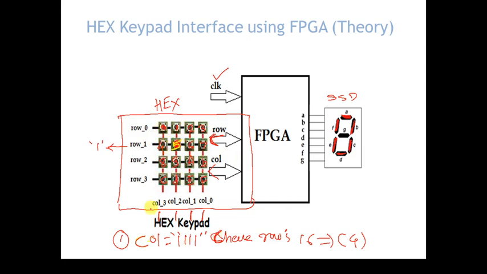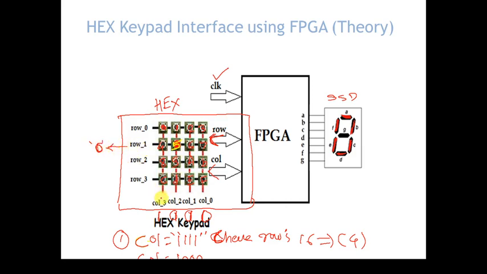Then we have to change the column value. Initially we force it to 0 1 0 0, then again check whether the row is equal to 1. Let us assume key 4 is pressed, and the column is 0 1 0 0, so all other columns are 0 and only the first column is 1. But here key 5 is pressed, so column 2 value is 0, the cross connection will happen, and row 1's value will become 0.